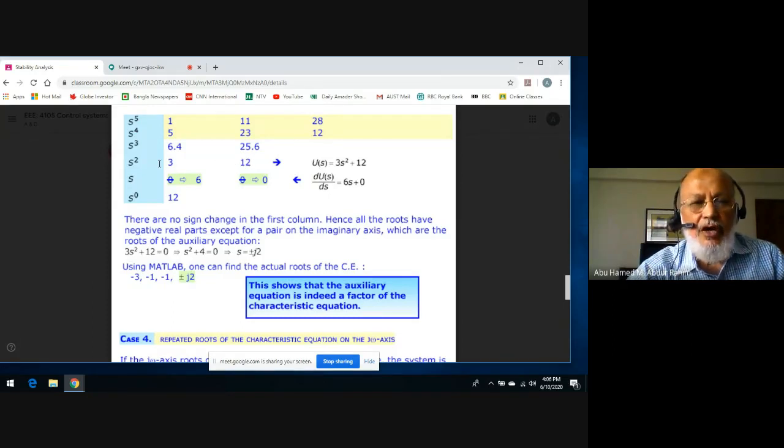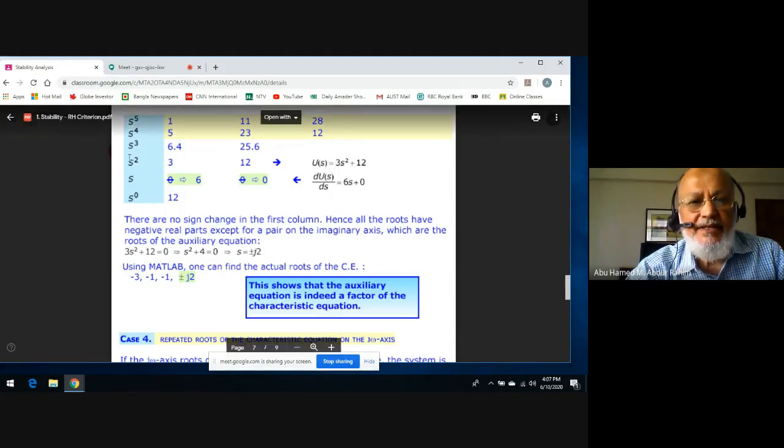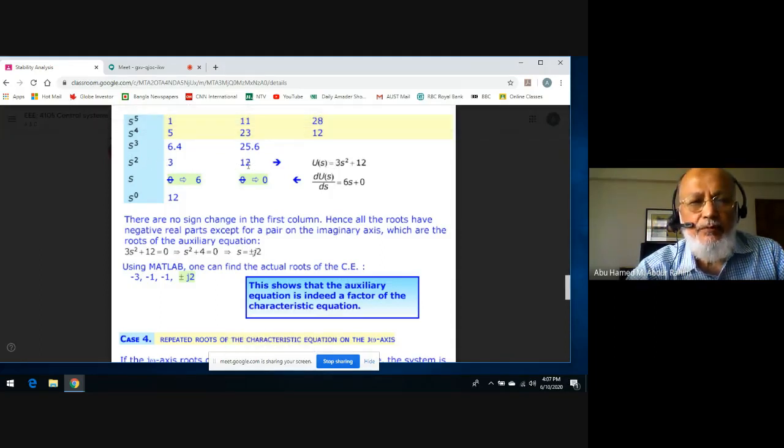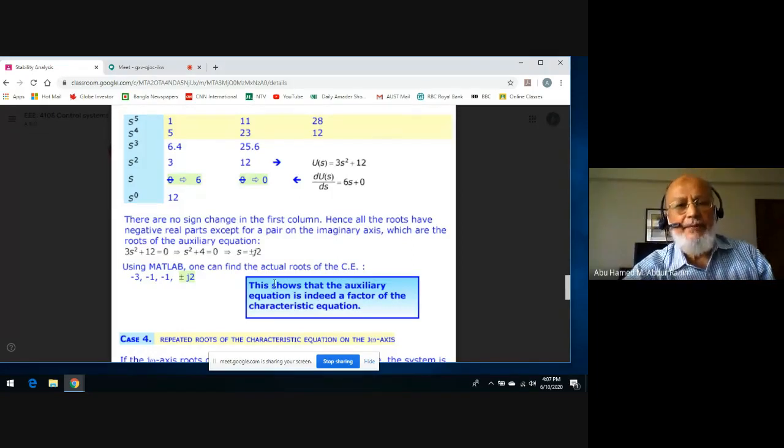So how do we write the auxiliary equation? This name is the auxiliary equation. We write that, and we have given a symbol U, also it's in your book. So the auxiliary equation is written as U of s. How do we write it? U of s is 3 times s square plus 12 times s to the 0. So this is the first step.